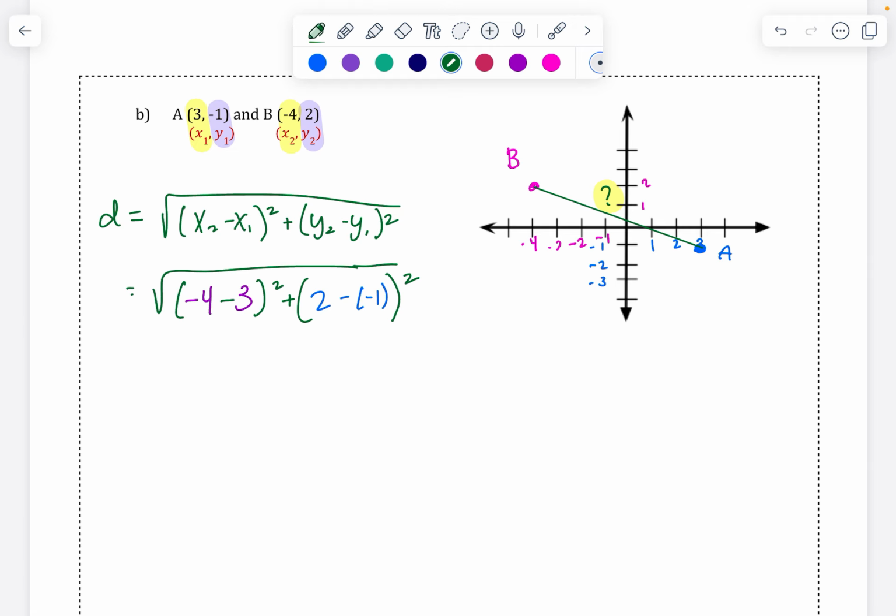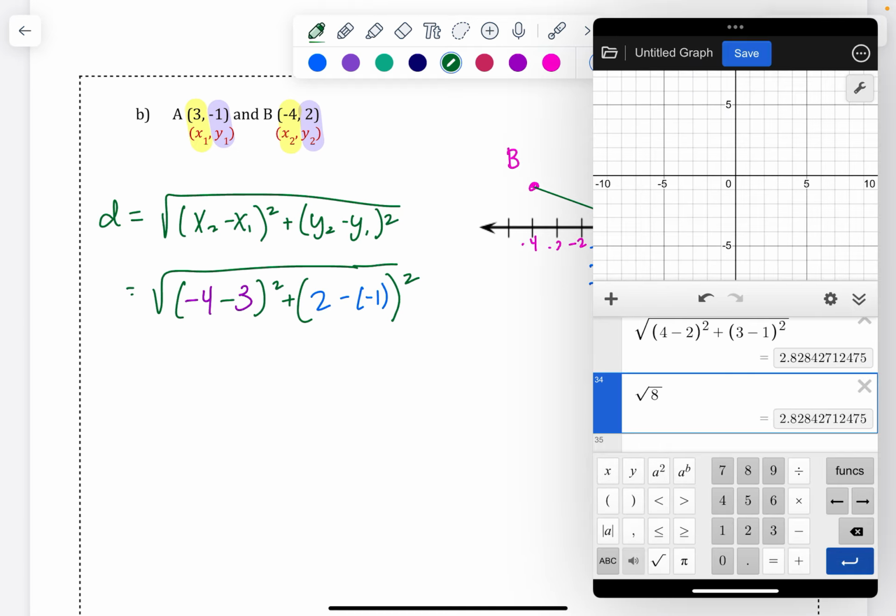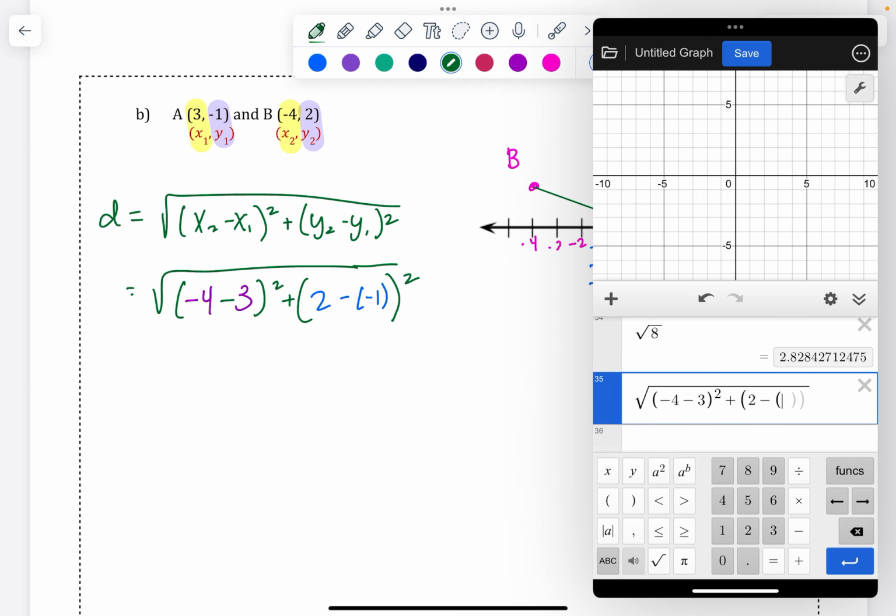Okay. And let's plug this whole entire thing in my calculator. So I have radical, parenthesis negative 4 minus 3 parenthesis squared, plus parenthesis 2 minus parenthesis negative 1 parenthesis squared.